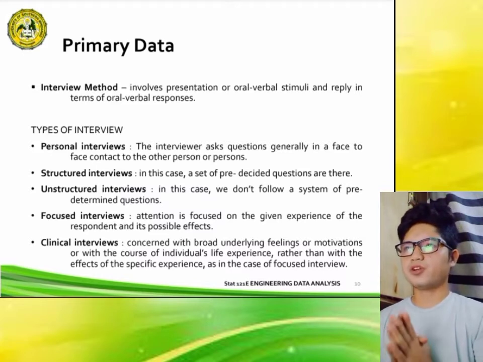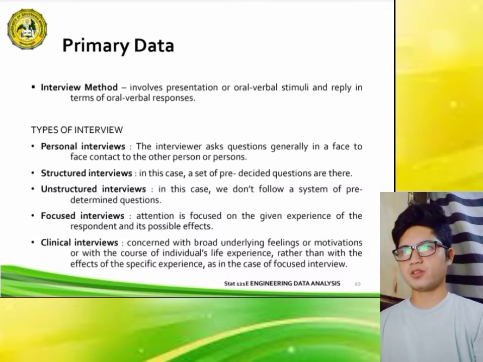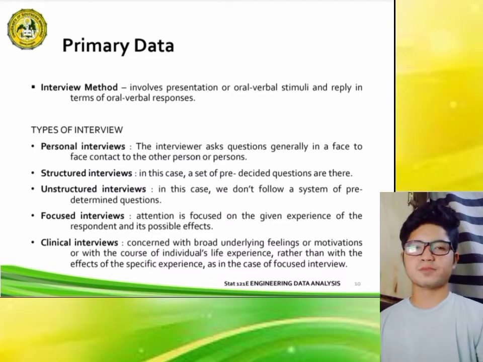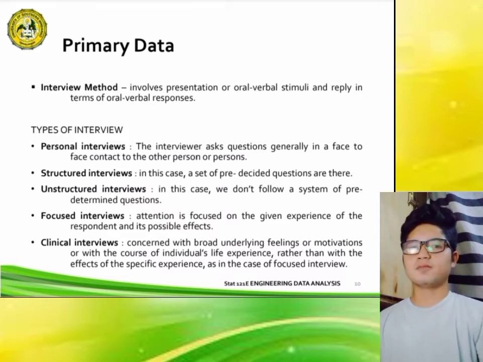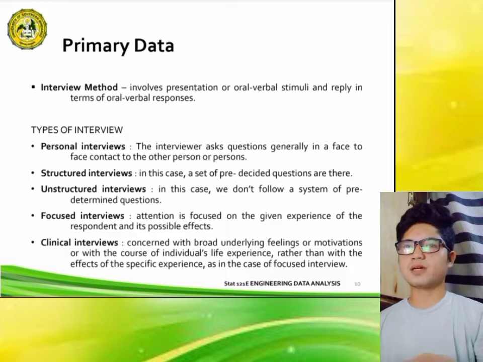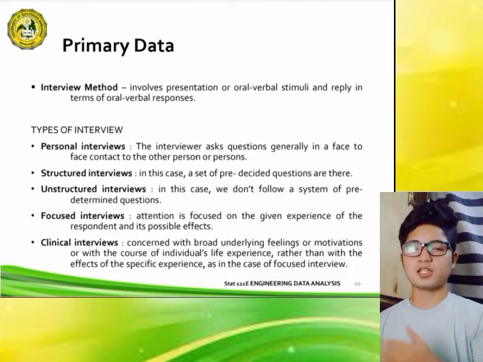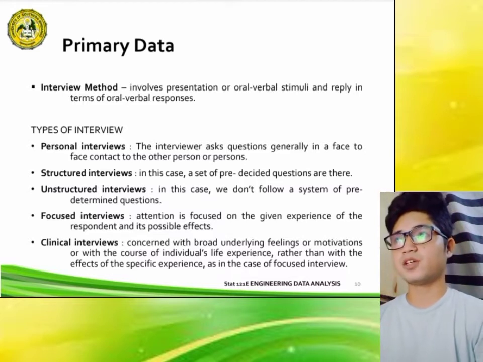The interviewer asks questions generally in a face-to-face contact to the other person or persons. So ito yung very common na nakikita natin, it could be one-on-one or 1, 2, 3, may interviewer, and then yung mga interviewees naman niya. Makikita natin yun ngayon sa mga presidential interviews, may mga personal interview.